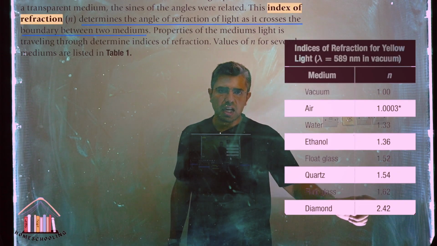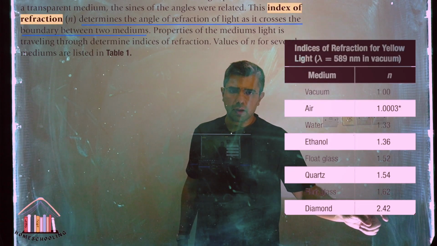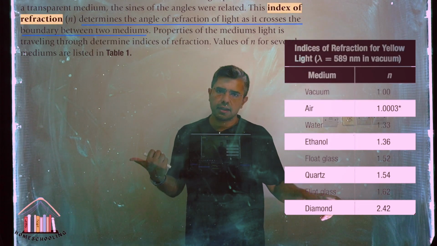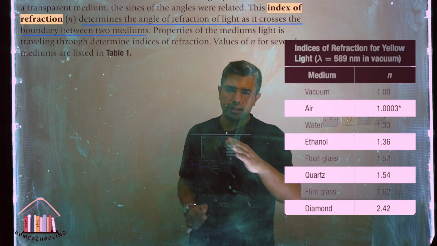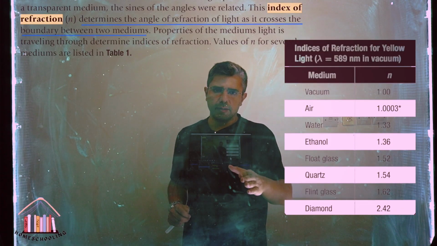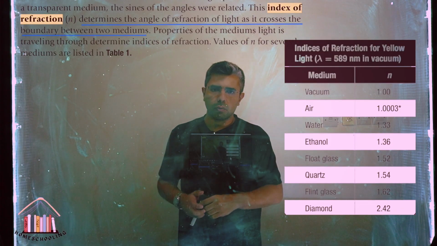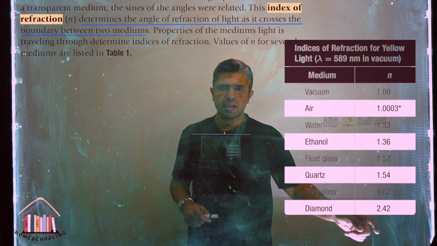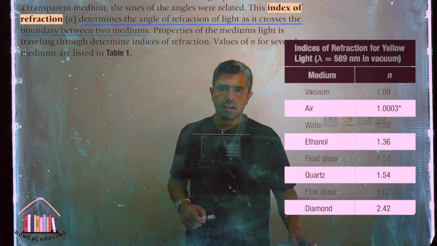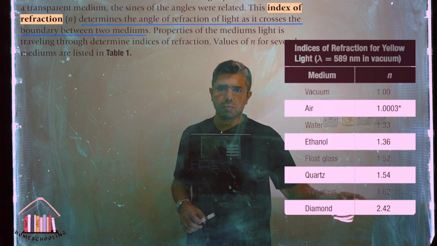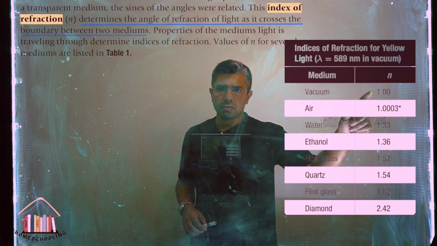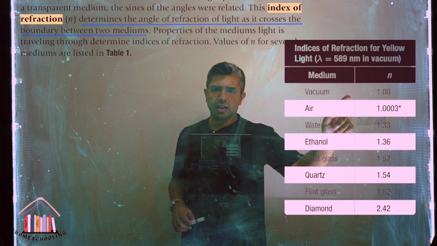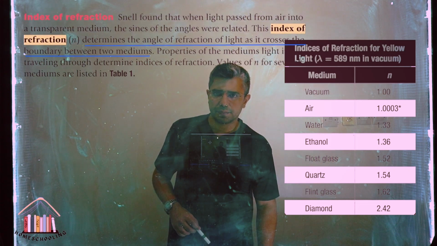And for diamond, it's 2.42. If you notice in the first slide, we described the deviation of the light in the diamond. When it crosses the diamond, it deviates more. Why is that? Because in diamond the index of refraction is 2.42, which is way higher compared to vacuum or air.